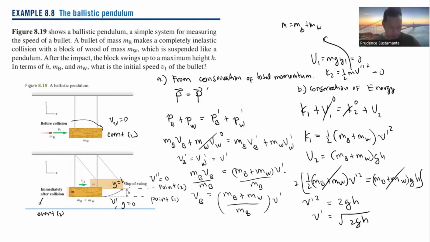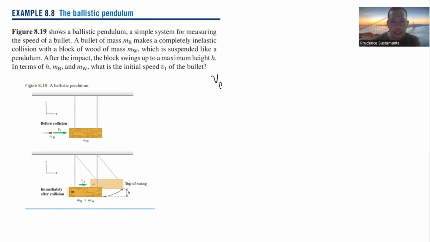Okay. So we can now get the velocity of the bullet. The velocity of the bullet is equal to the mass of the bullet plus the mass of the wood over the mass of the bullet times v prime.